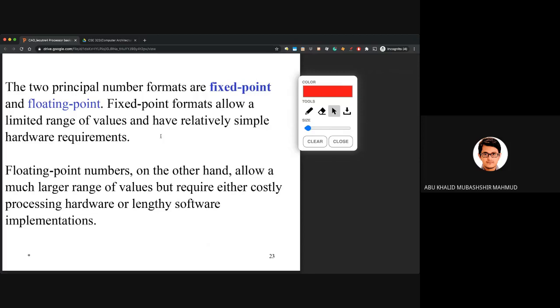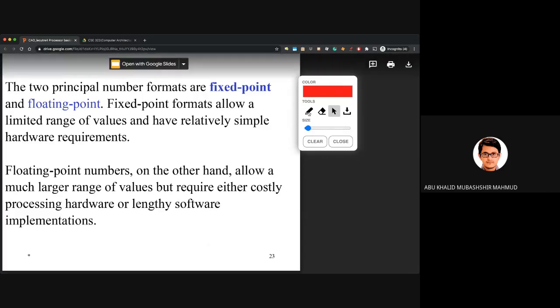Fixed point formats allow a limited range of values and have relatively simple hardware requirements. So if you are asked what the simplest form to represent numbers is, it is the fixed point.